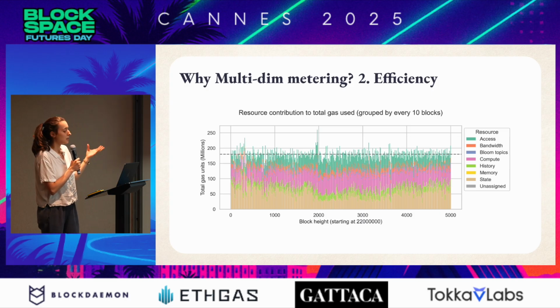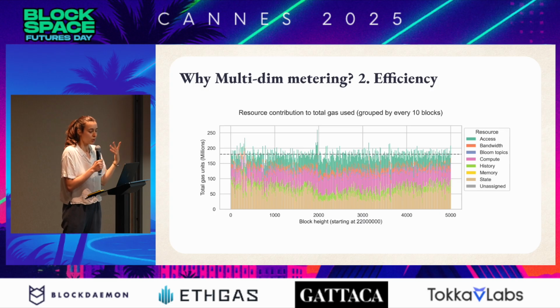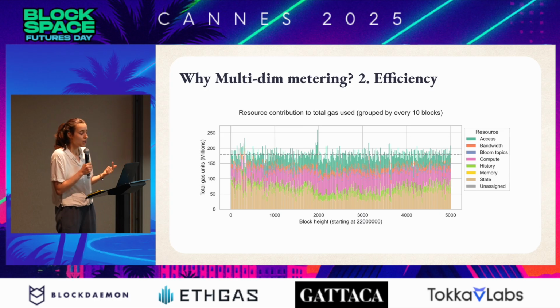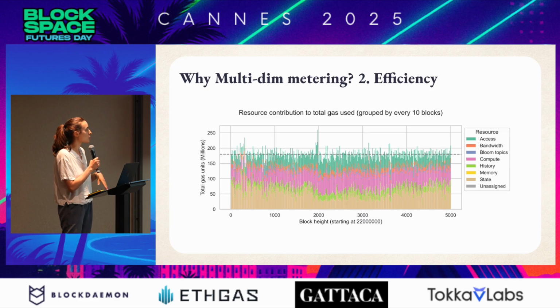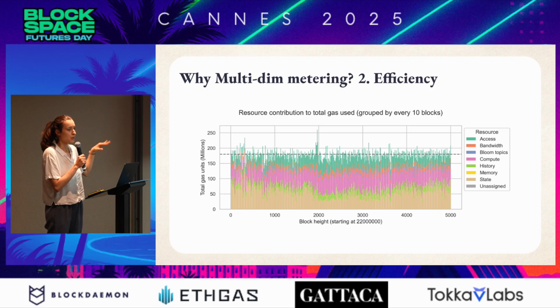We can see that the most used resources on average are state, which is state growth, access, which is storage access, so read and write, and compute. They are all more or less distributed like a third, a little bit less than a third in each. And then the other resources are more minimal.